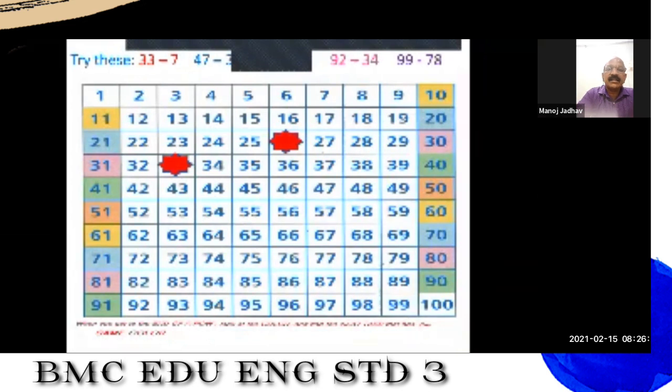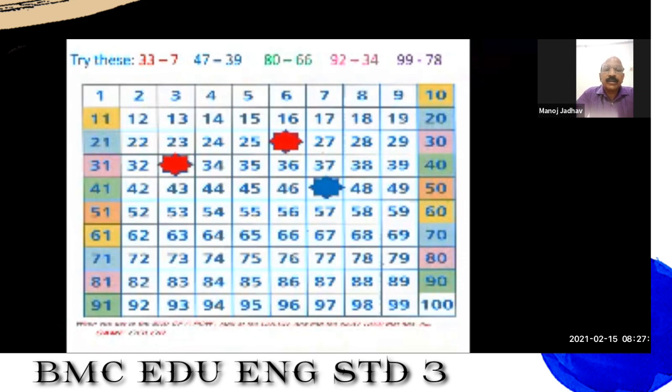47 minus 39. See, where is 47? Number 47 is here. See, 47, blue color star. Can you see here? 47 minus 39. Going back 1 each time, 39 is not possible.